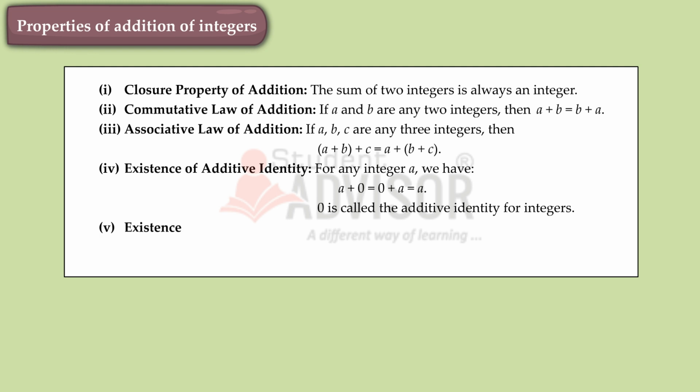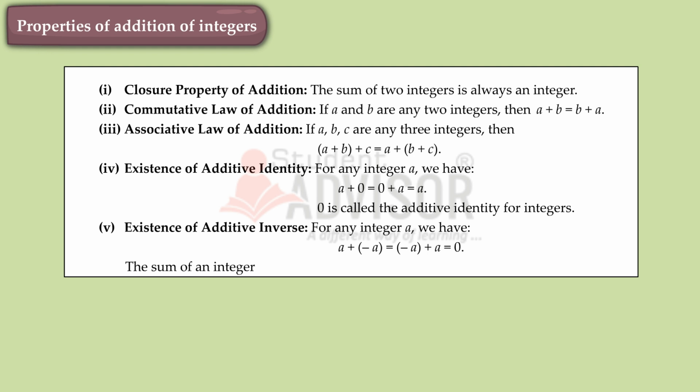Existence of additive inverse. For any integer a, we have the sum of a and the additive inverse of a is equal to 0. The sum of an integer and its additive inverse is always 0.